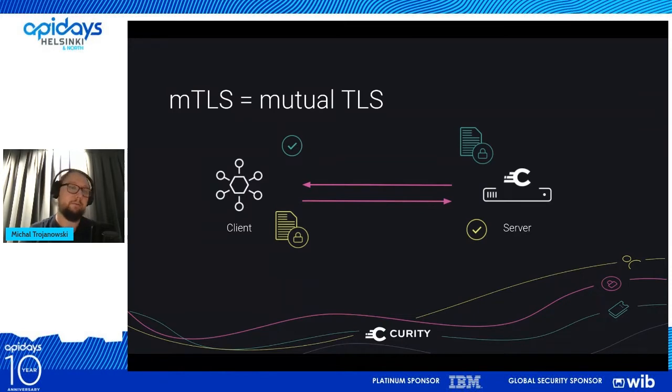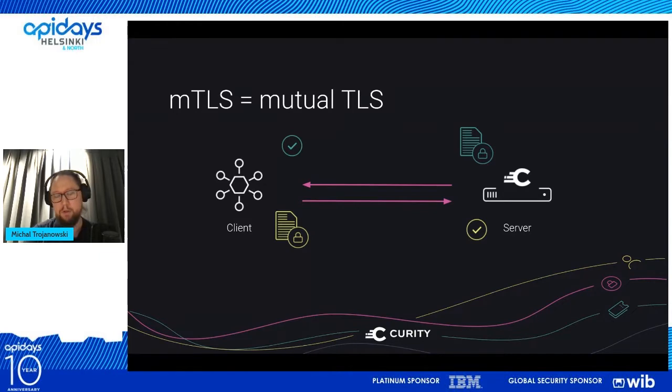In MTLS, which is not a mini version of TLS, it's mutual TLS, both the client and the server, both parties, are interested in authenticating themselves. Now not only does the client have certainty about who the server is, the server also knows the identity of the client. The server is able to identify the client through a set of certificates, and the server can limit the list of clients which can talk to some endpoints.